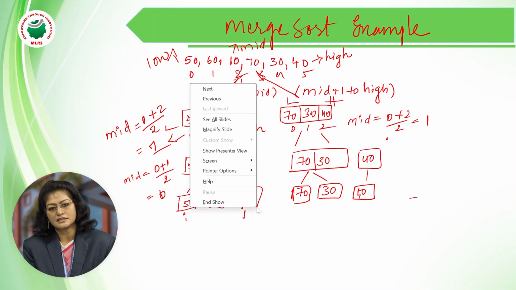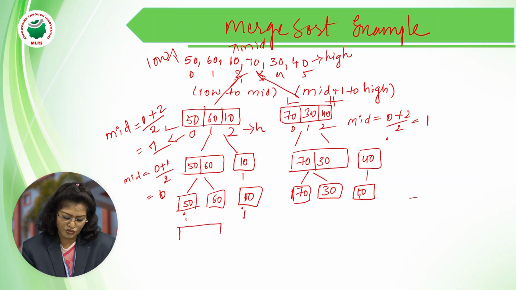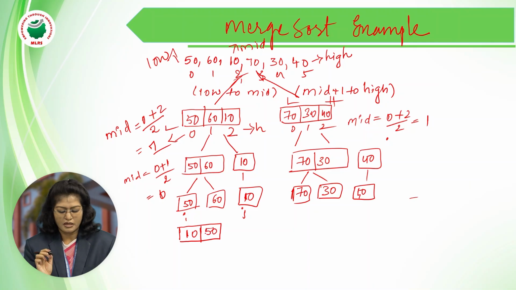50 and this is 10. So 50 is compared with 10. So which one is less? So 10 is less. So this will be inserted into the new array now. So this is going to be inserted into the new array. That is 10 and 50.